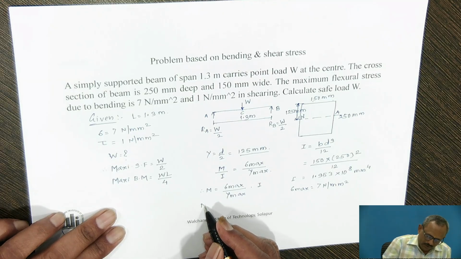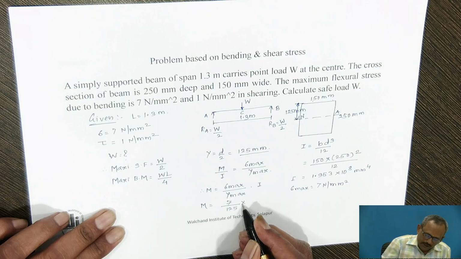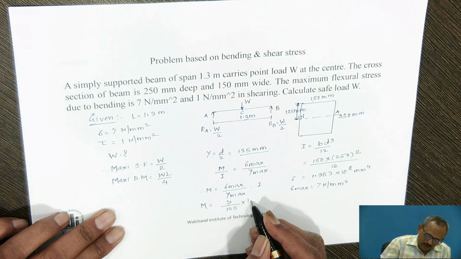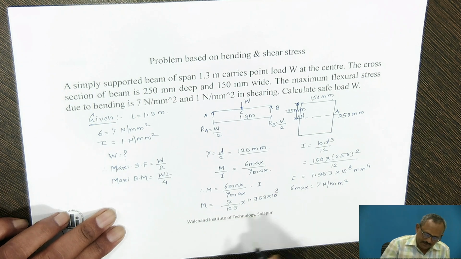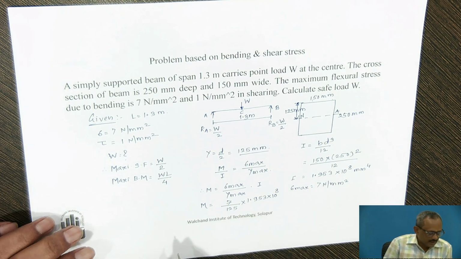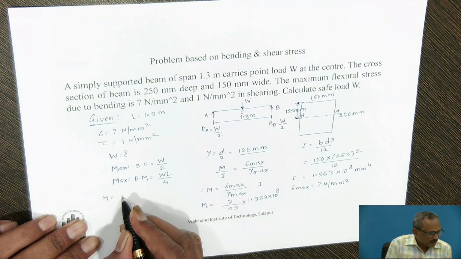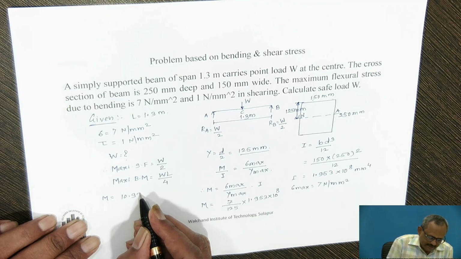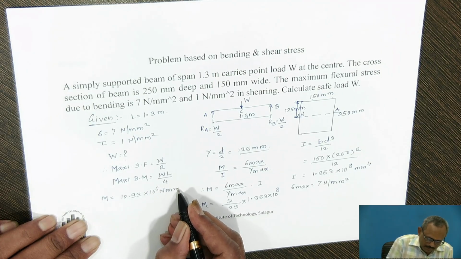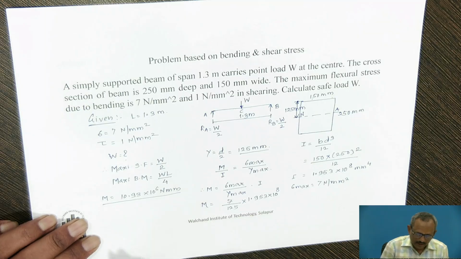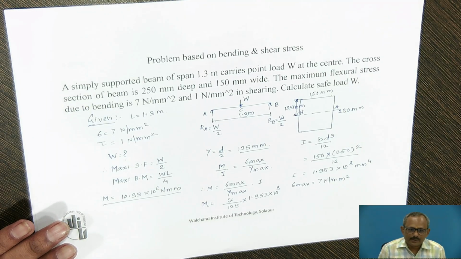Putting the values in the above equation, 7 upon 125 into the moment of inertia 1.953 into 10 raised to 8, we get maximum bending moment M equal to 10.93 into 10 raised to 6 Newton mm. So this is the maximum bending moment to which this beam is subjected.